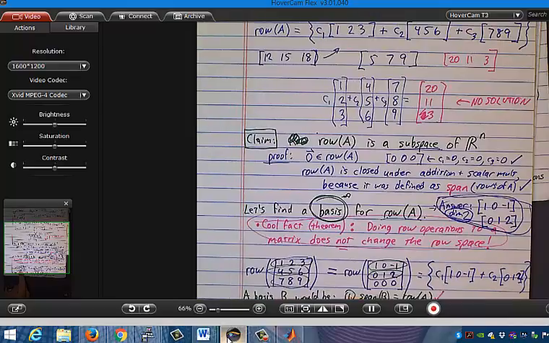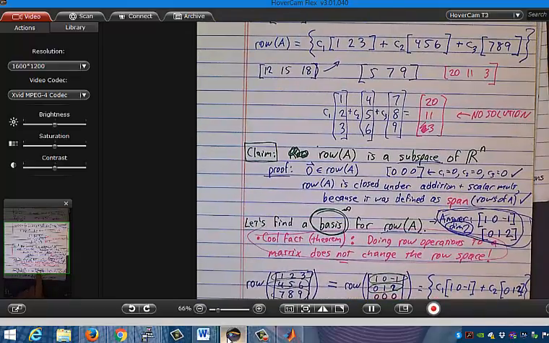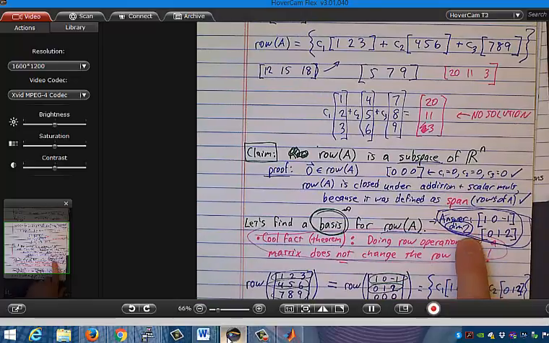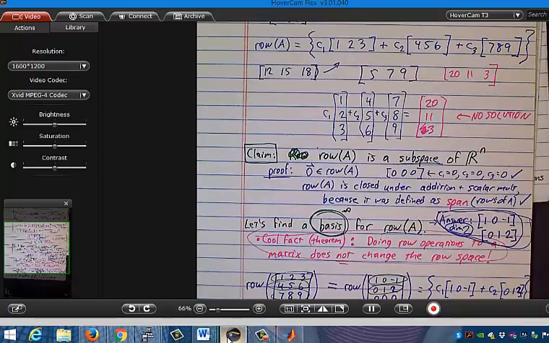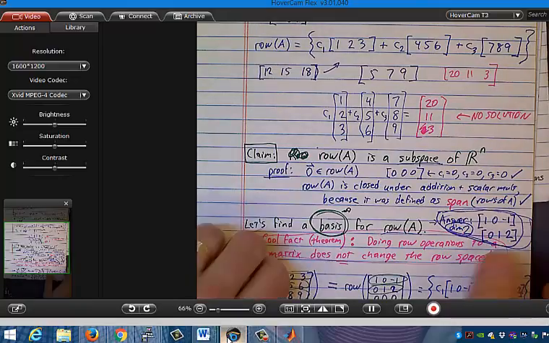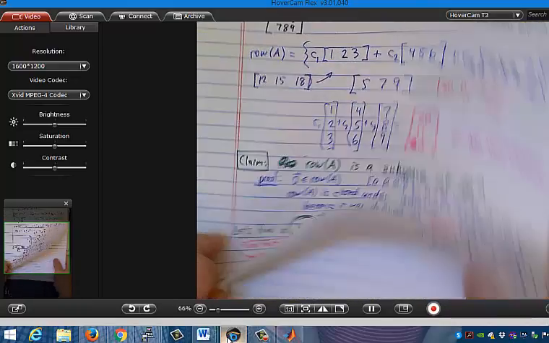Because what you do is you reduce it, the bottom row becomes all zeros. The rank is 2. And notice that's the same as the dimension of the row space. So here's another way to define rank. The rank of the matrix is the dimension of its row space. Okay. So let's talk about rank for just a second.